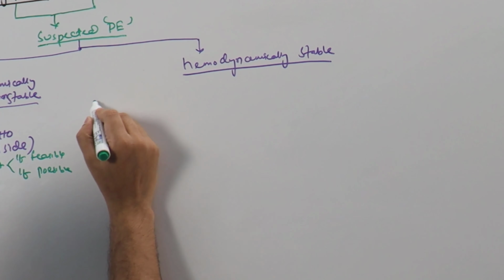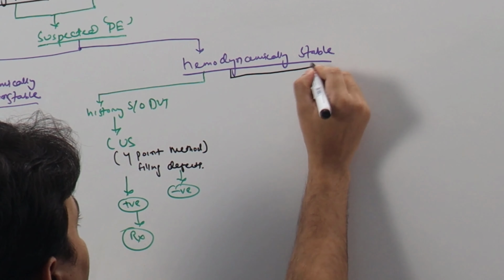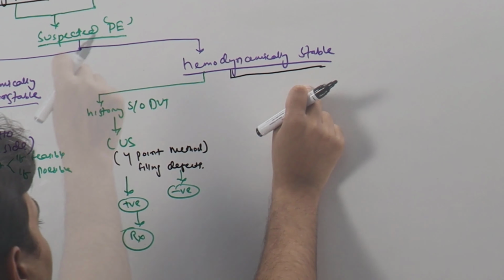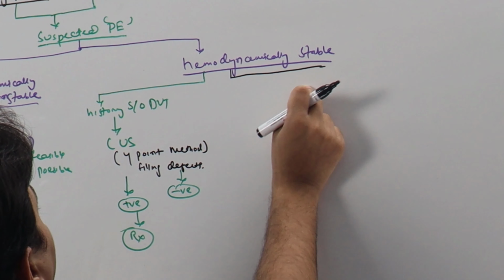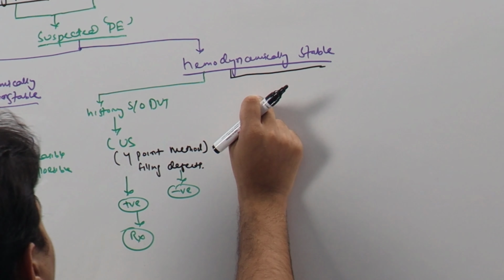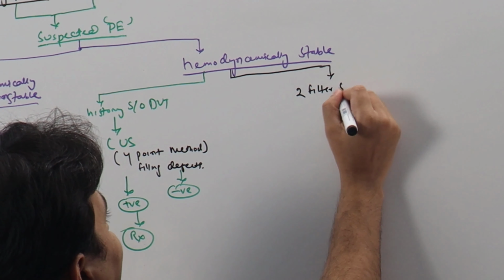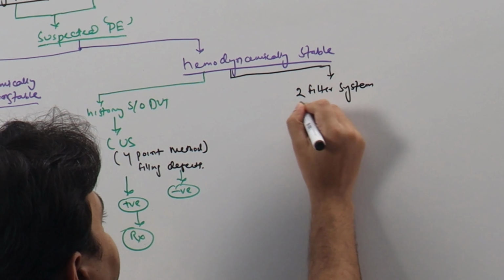Let us discuss that. If the patient is hemodynamically stable and there is no history of DVT, and you have done a compression ultrasonography but it is negative, in that situation the patient has to go through what I call a 2-filter system, right?